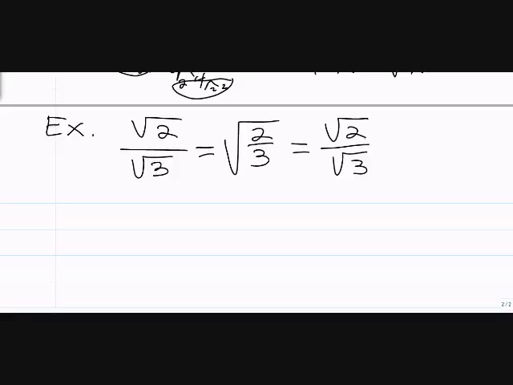The way I get rid of that radical is to take that square root of 3 and multiply by the square root of 3. I'm squaring. That's what I'm doing. The reason I can multiply by the square root of 3 over the square root of 3 is that's the number 1. It's safe to multiply by the number 1.